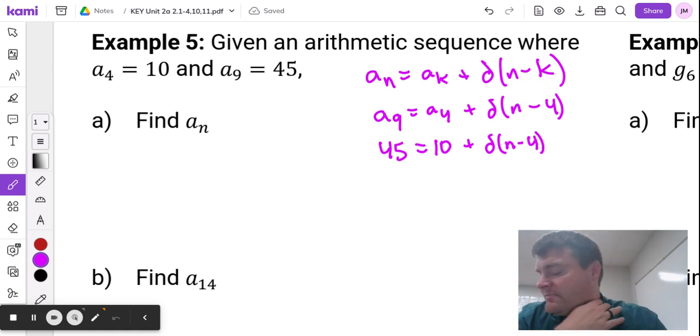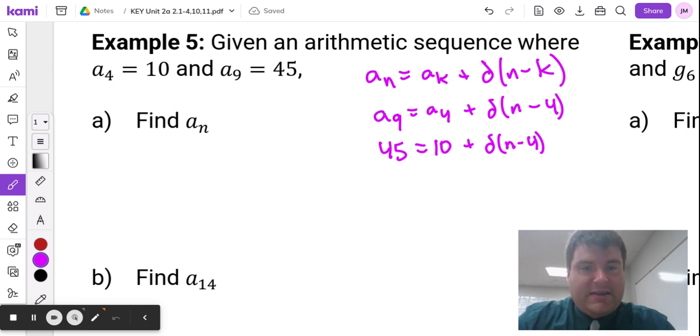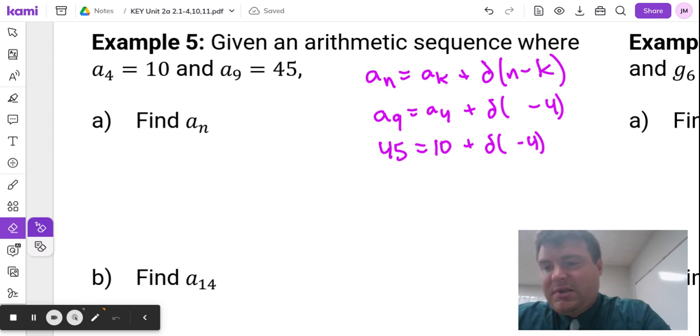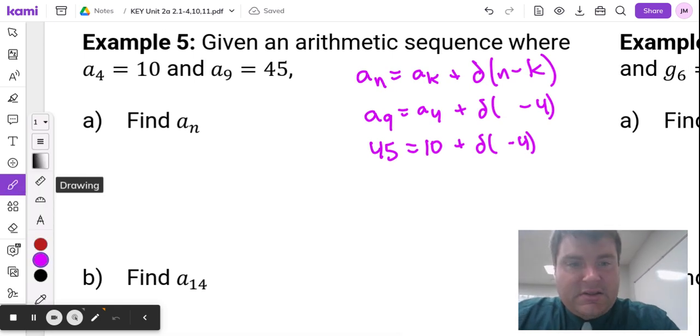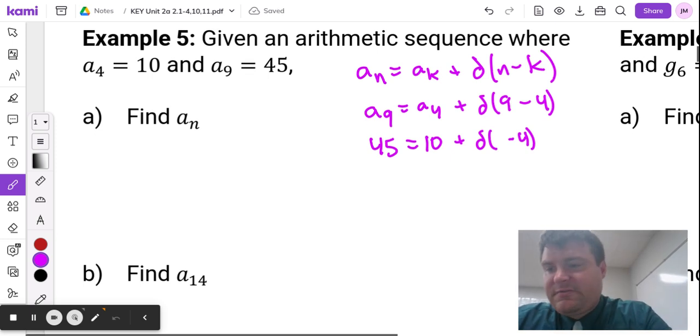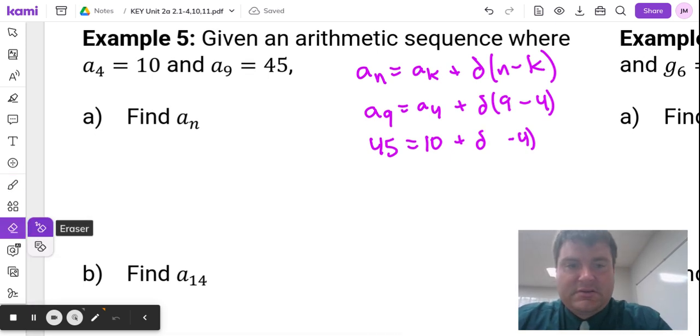Actually, I plugged in a 9 for the n value. I am a little bit ahead of myself. Sorry, it should be 9. All right, so this is going to be 9 minus 4, which is 5.